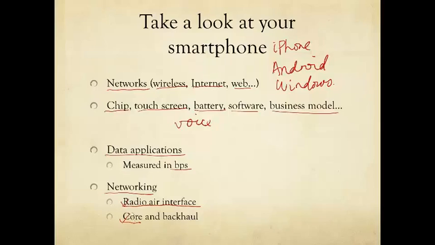And these two together form the cellular network. And then we'll traverse the backhaul of public internet, an IP network, before it reaches, for example, Google's data center that houses the YouTube server, which you might be watching this video from at this very moment.